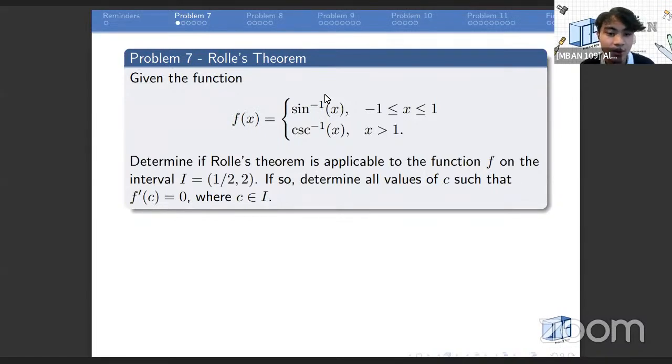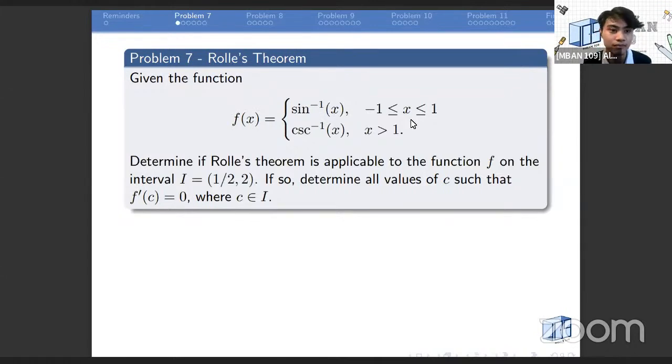Determine if Rolle's theorem is applicable to the function f on the interval I from 1/2 to 2. If so, determine all values of c such that f prime of c is equal to 0, where c is in the interval I.